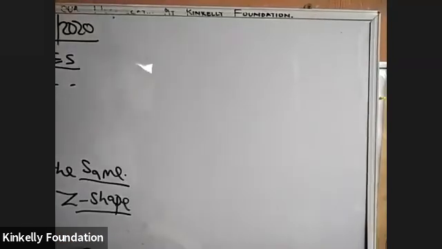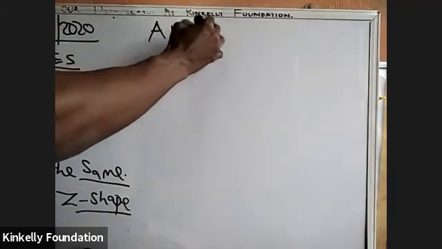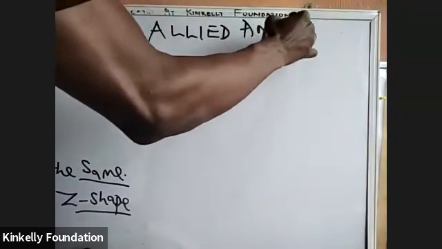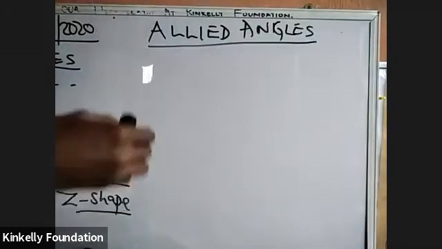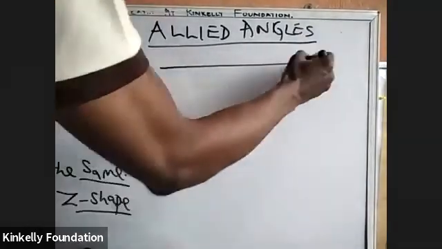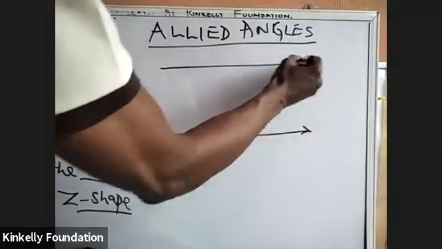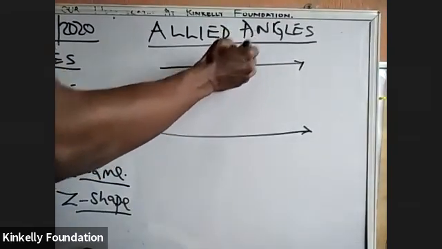The next one we'll be looking into is what we call the allied angles. Now we know that these are our parallel lines, and this is a transversal.